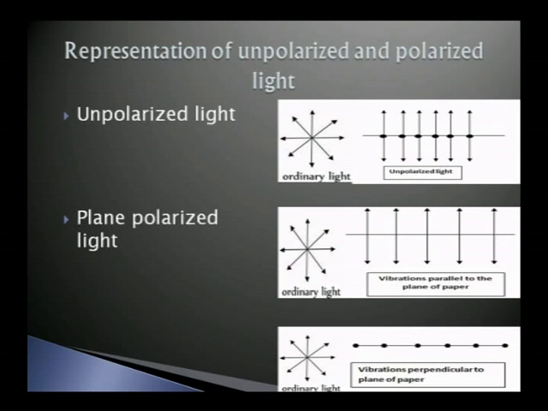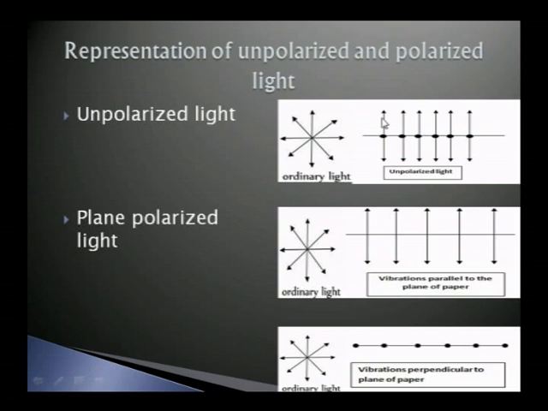Now these are some of the figures, that is, the unpolarized light can be shown like this. Here, if the light is shown like this, this is the vertical plane, and the dot represents that the vibrations are taking place in horizontal directions.